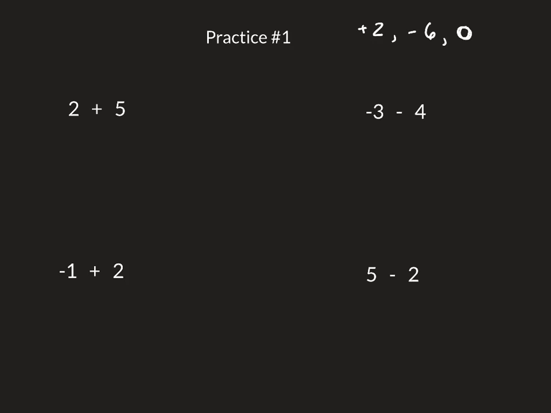So for this first example that's here, that's actually a +2 and a +5. So you see here how the positive is next to the 2 and the positive is next to the 5 on the left there. Okay, so the signs are the same. Everybody, when the signs are the same, you always add.